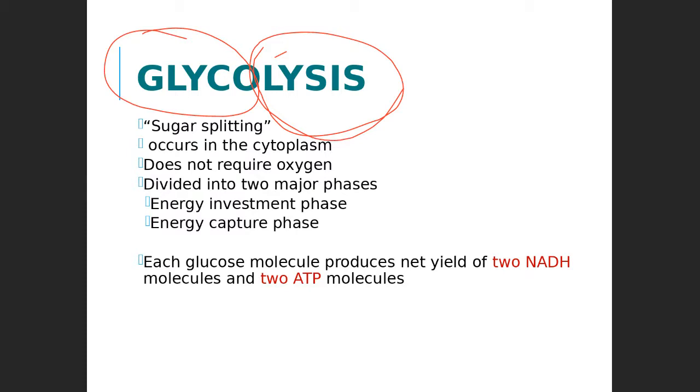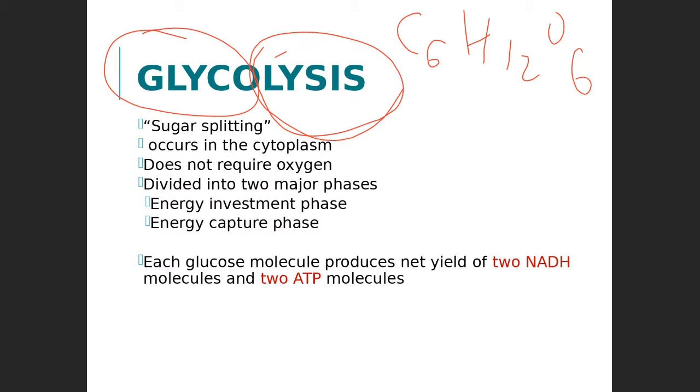So I have my molecule of glucose, C6H12O6, and I am going to catalyze it. It happens only in the cytosol or cytoplasm. It does not require oxygen to happen. And it's divided in two phases. We have an investment phase, and we have a capture phase.